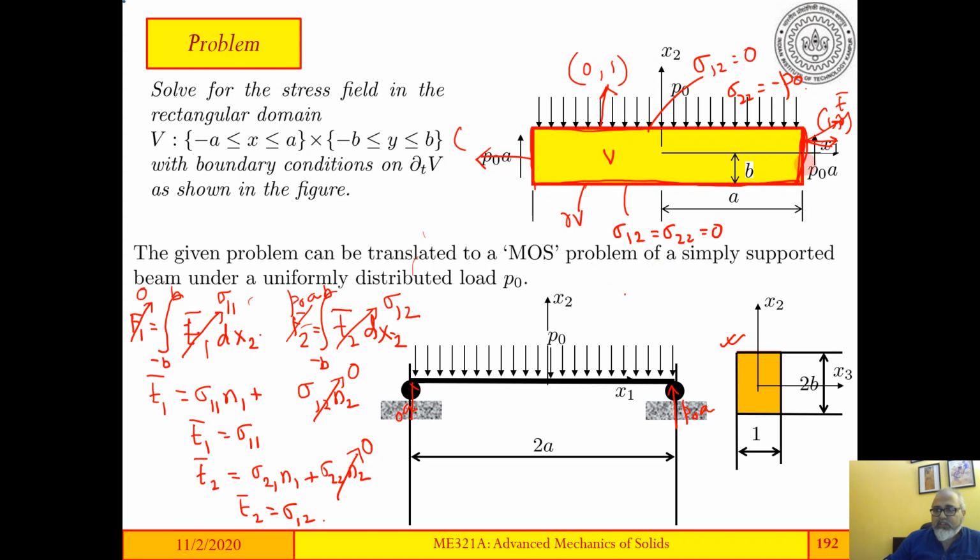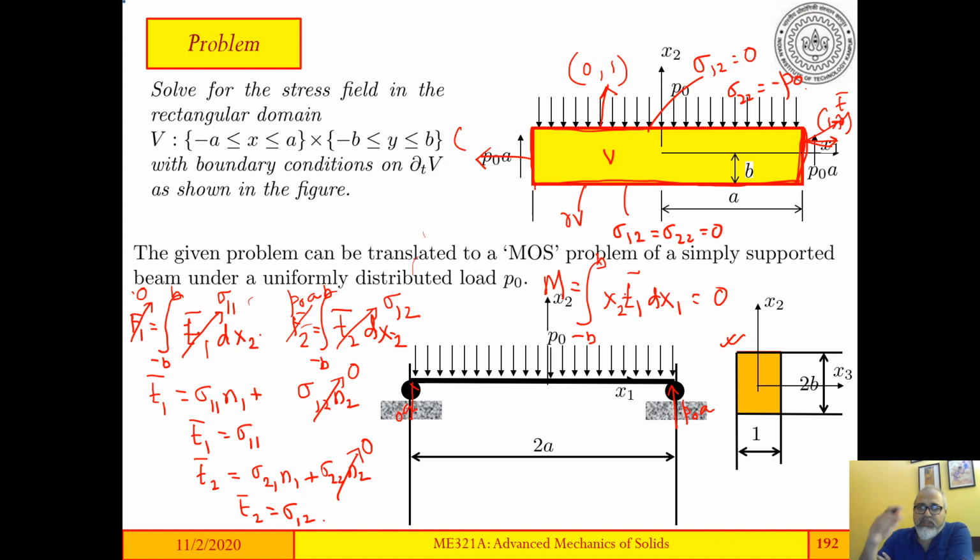Okay, this is equal to P naught A, and we can also say that the moment of this force, this T1 bar dx2 is the x force, and then times x2 gives the moment about the center, the neutral axis, integrated from minus b to b gives the total moment on that edge, M, and that is also equal to 0 because there's no external moment. So we can use these three as weak boundary conditions on the two vertical edges.